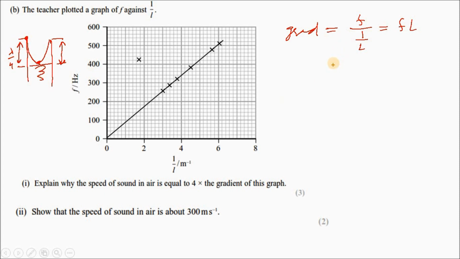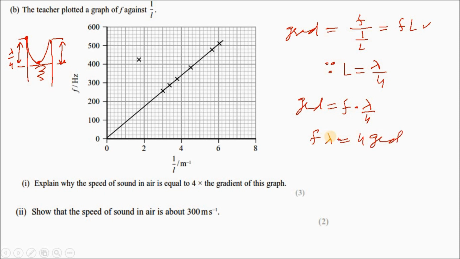Since the length of the column is equal to lambda by 4, you can replace L here. So gradient would be equal to F into length, and length is lambda by 4. The 4 goes on the other side, so you have F lambda is equal to 4 times the gradient, and F lambda is the speed v. So v is 4 times the gradient, and that's what they are saying, that the speed is 4 times the gradient.